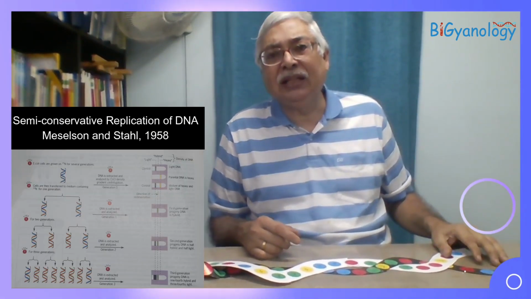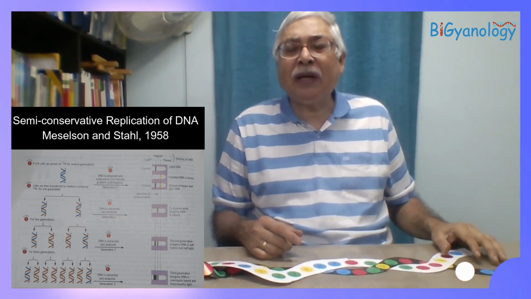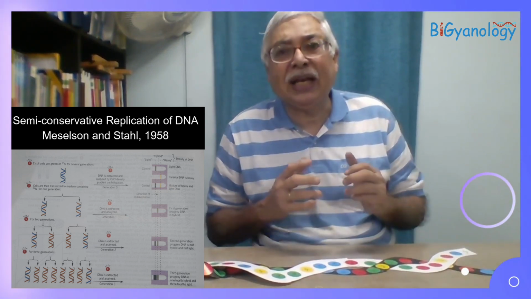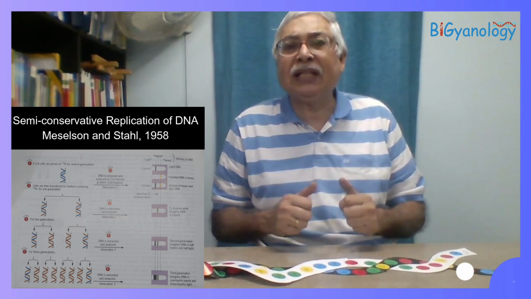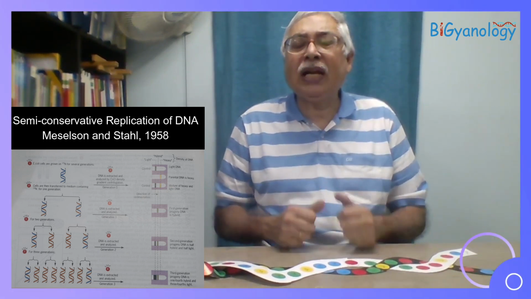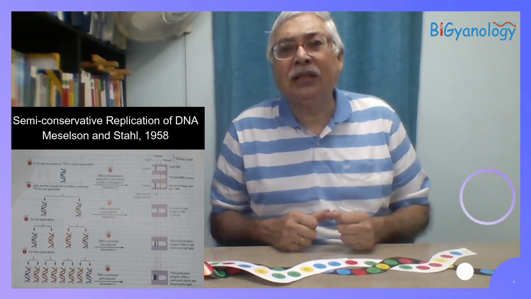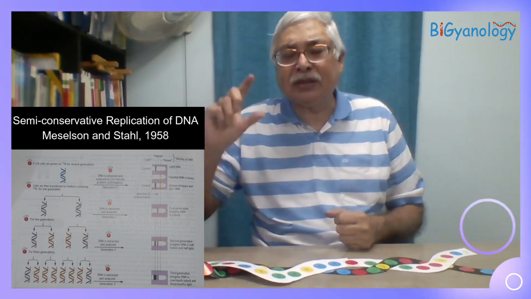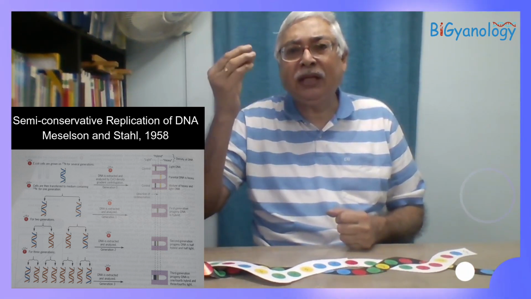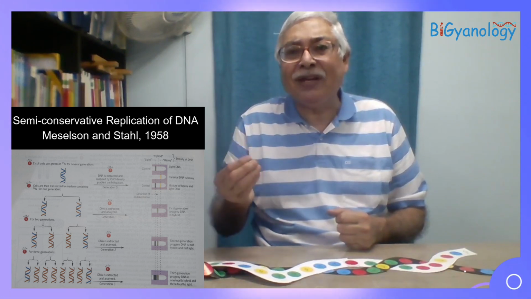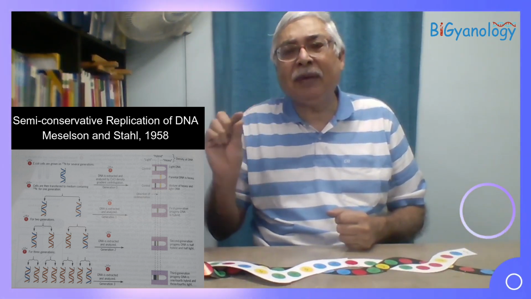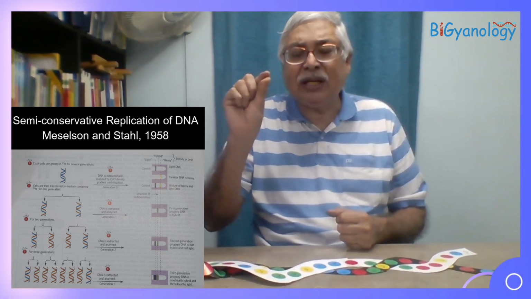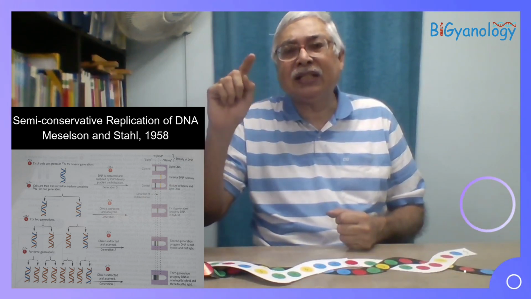And Meselson and Stahl did a strange experiment with N14, N15 medium, where they grew E. coli in nitrogen 15 medium for many generations, so that all DNA of E. coli becomes N15 heavy. When they centrifuge it in cesium chloride medium, heavy DNA goes further out, while light DNA is further up as it is less heavy.